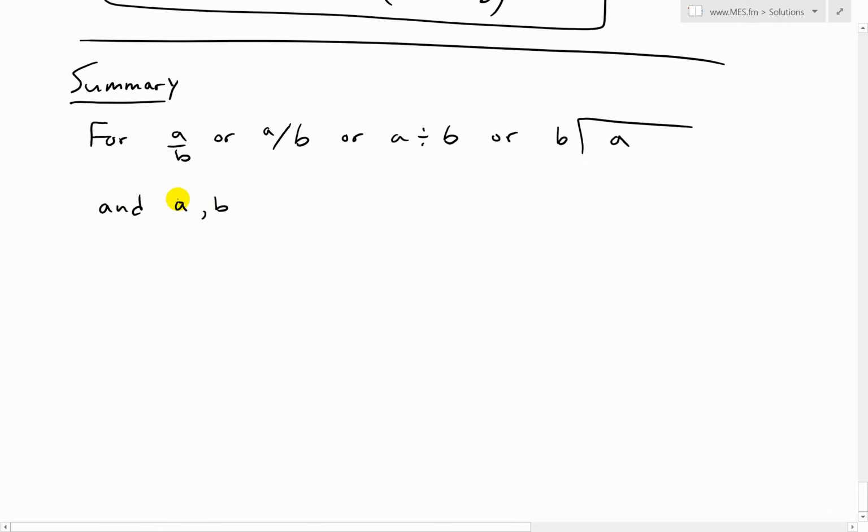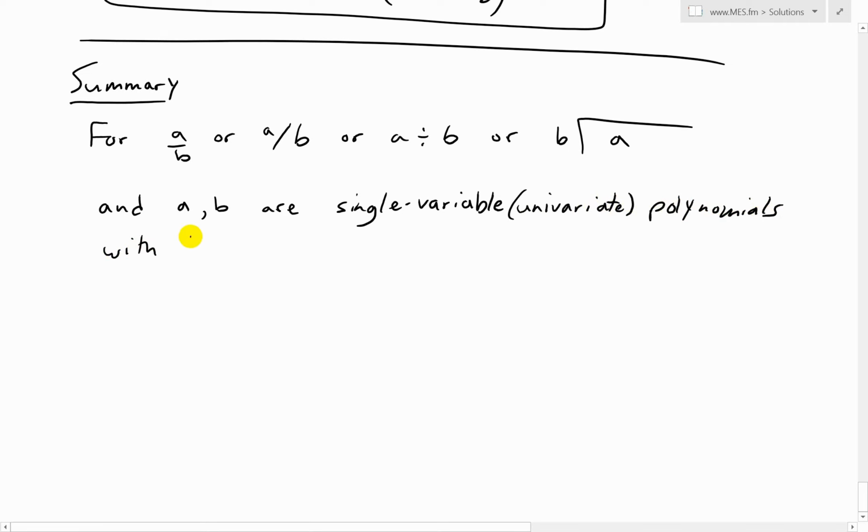A and B are basically univariate, or single variable polynomials, with B not equal to 0, so you can't have that.